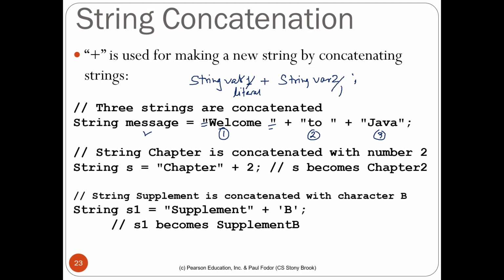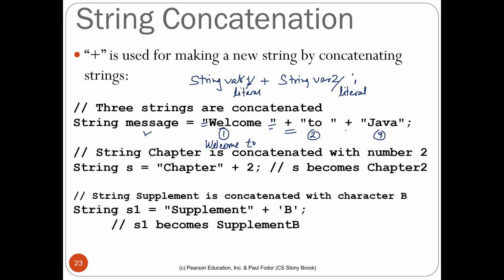Whenever you do a plus operation on strings on the left hand side and also on the right hand side, the result would be a concatenated string. Concatenated string means if you do these two, you get "Welcome to ". These two strings got concatenated, meaning appended to each other, joined together.